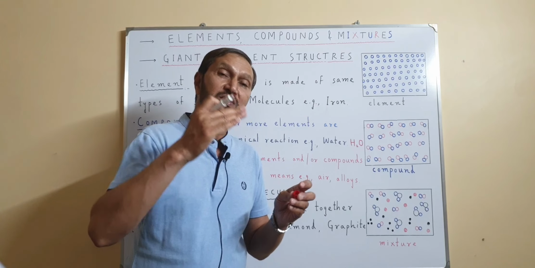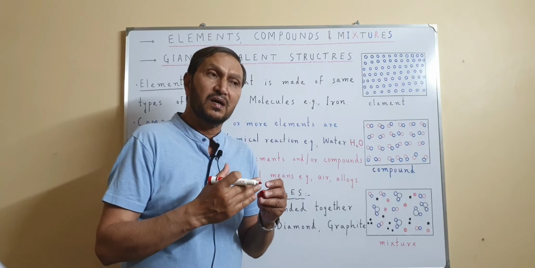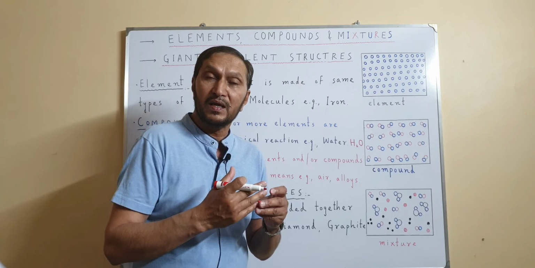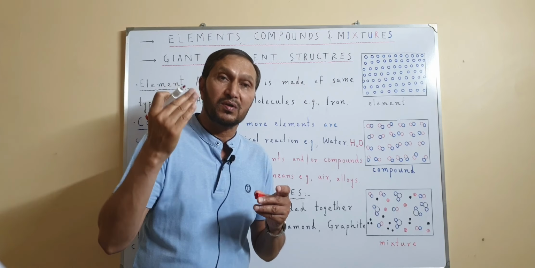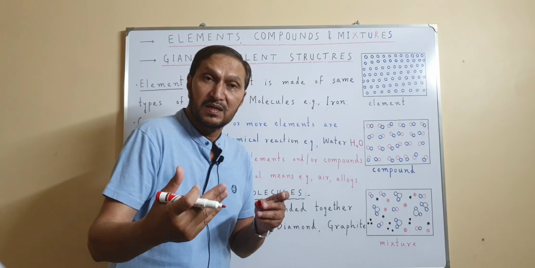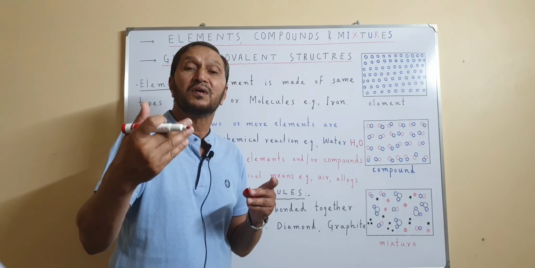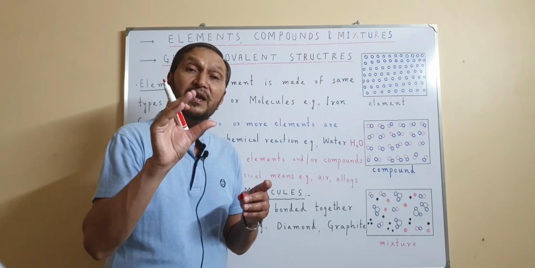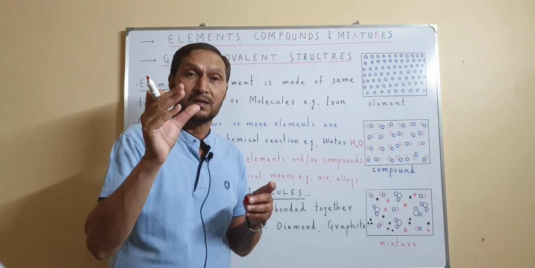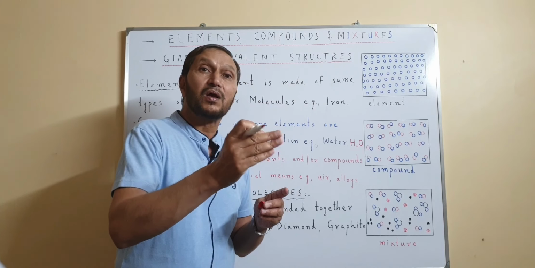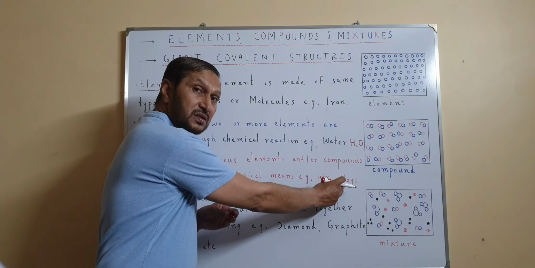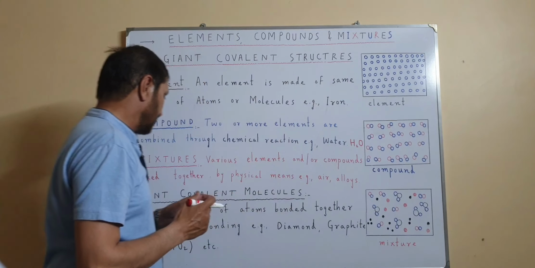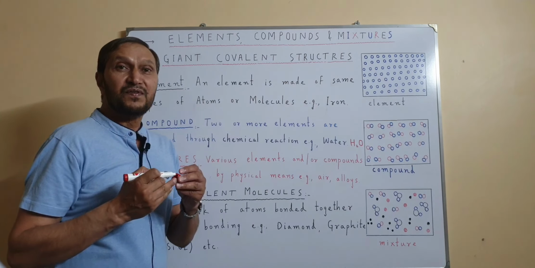Humans have been making this alloy, bronze, for centuries. Similarly, brass is another alloy of copper, where copper and zinc are mixed together. Similarly, steel is another alloy. So all these examples are mixtures. Alloys are mixtures.